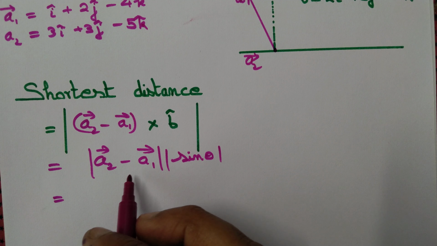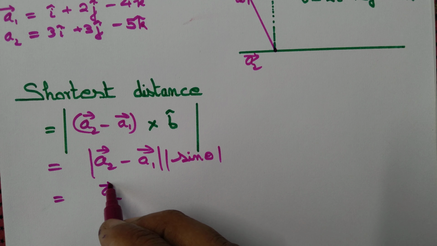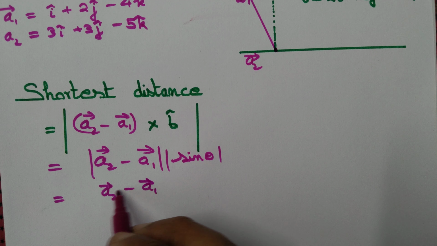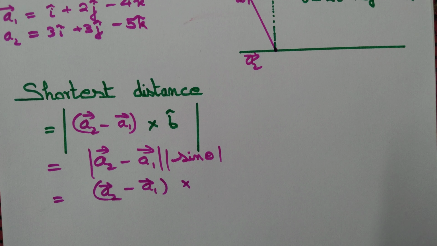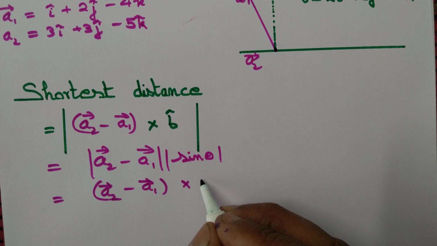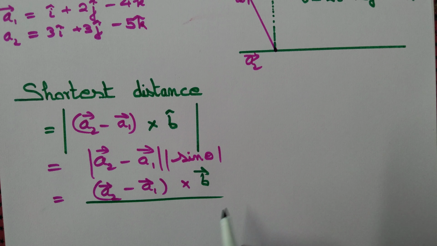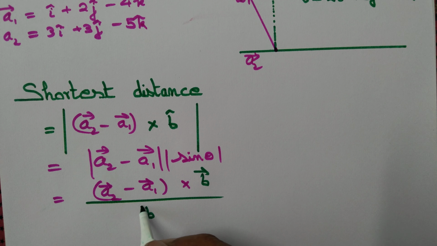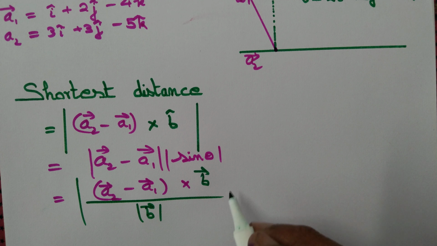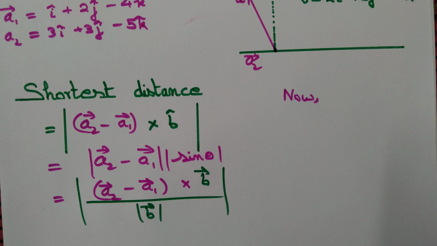We compute it just by finding A2 minus A1 cross B, and then divide by the magnitude of B and then take the modulus.